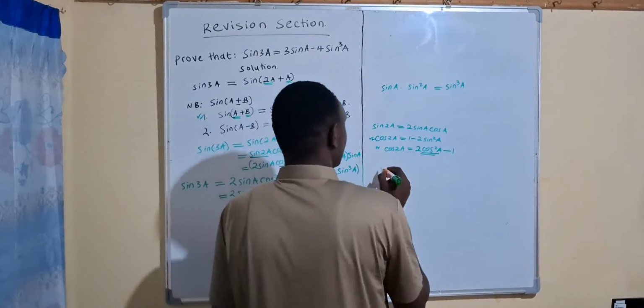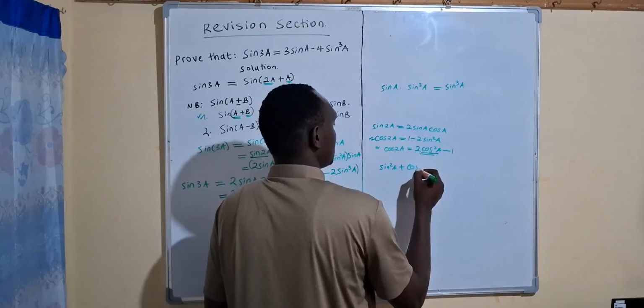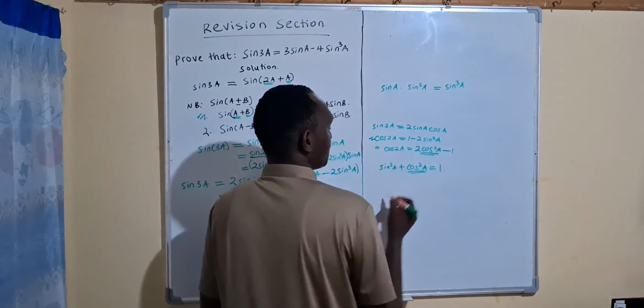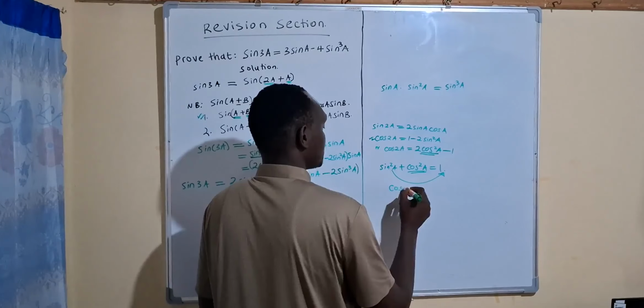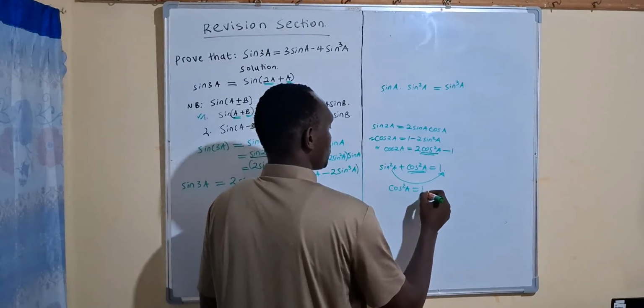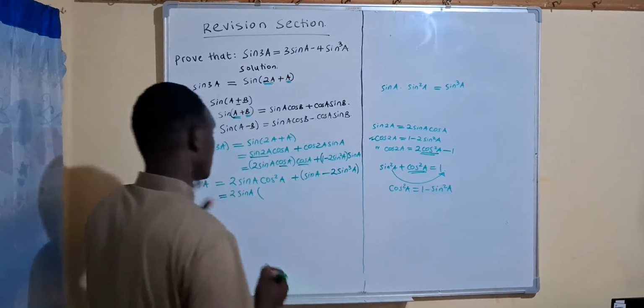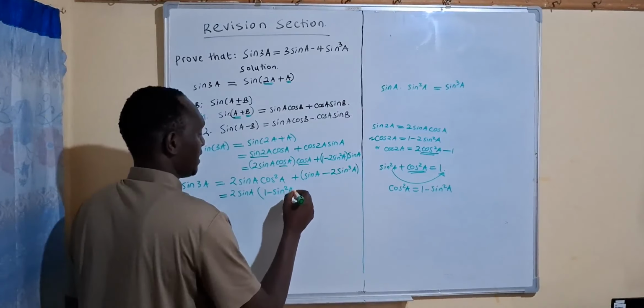That is that identity that says sine square a plus cos square a equals 1. So if we make this the subject of the formula, we take sine square a that side. That gives us cos square a equals 1 minus sine squared a.